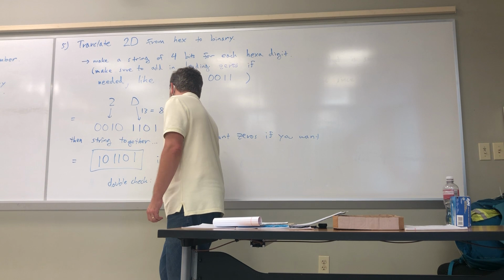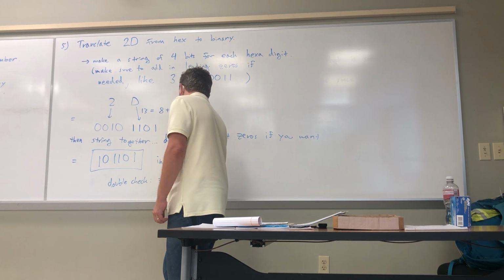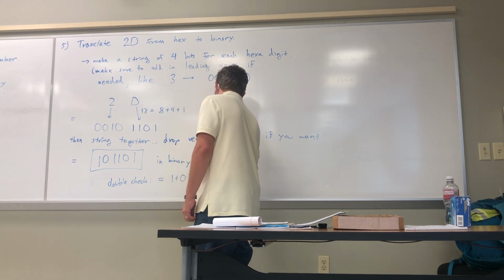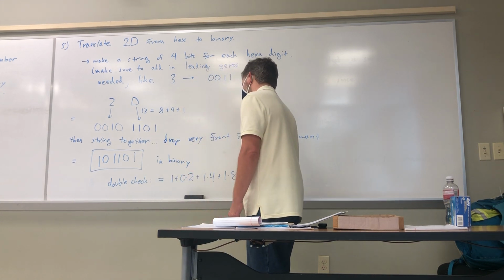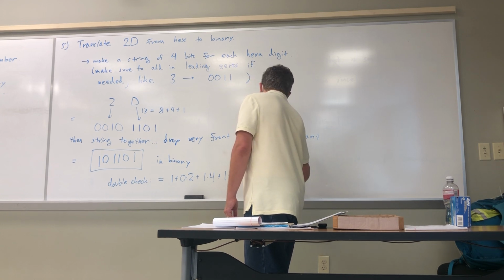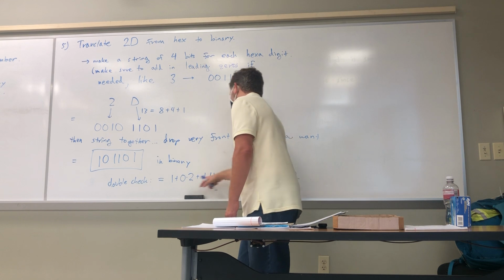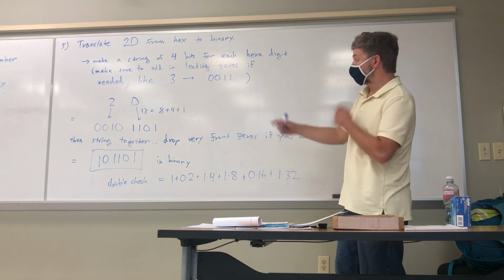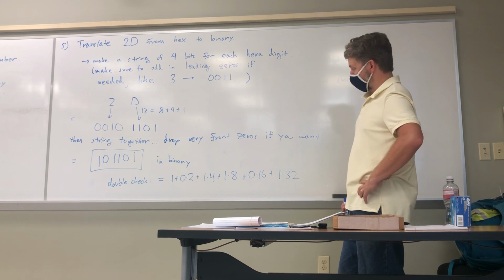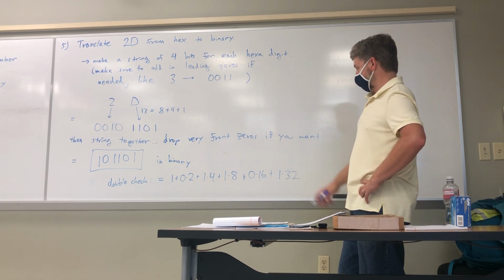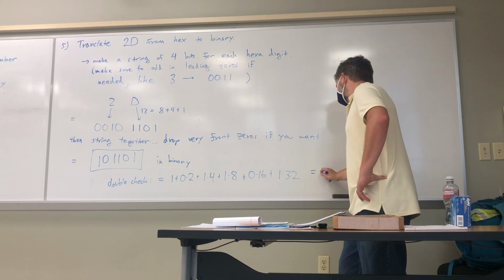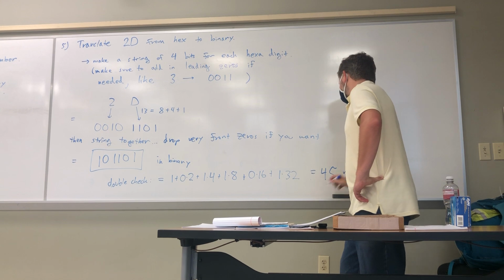That equals 1 plus no 2s, 0 times 2, plus 1 times 4, plus 1 times 8, plus 0 times 16, plus 1 times 32. Yeah. So the 32's place gave me the right amount to just come out to 8 plus 4 plus 1 again, so it equals 45 in decimal.